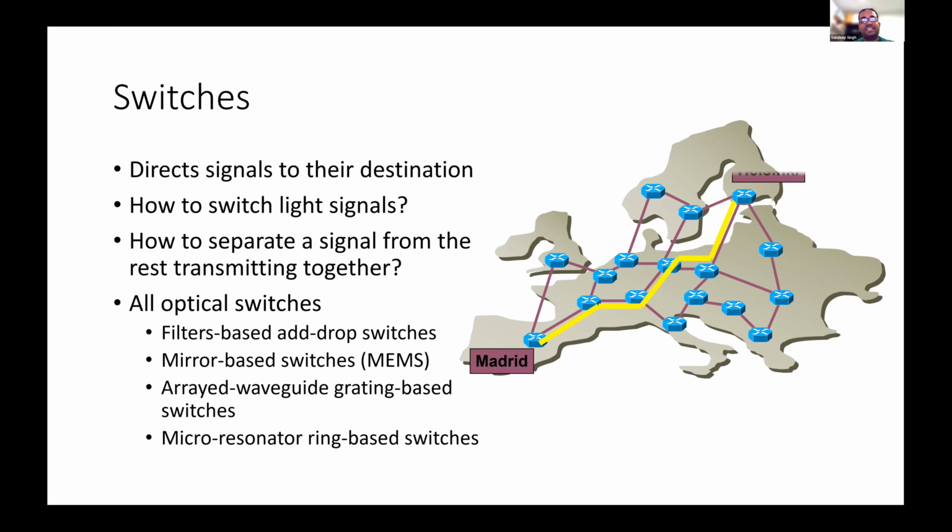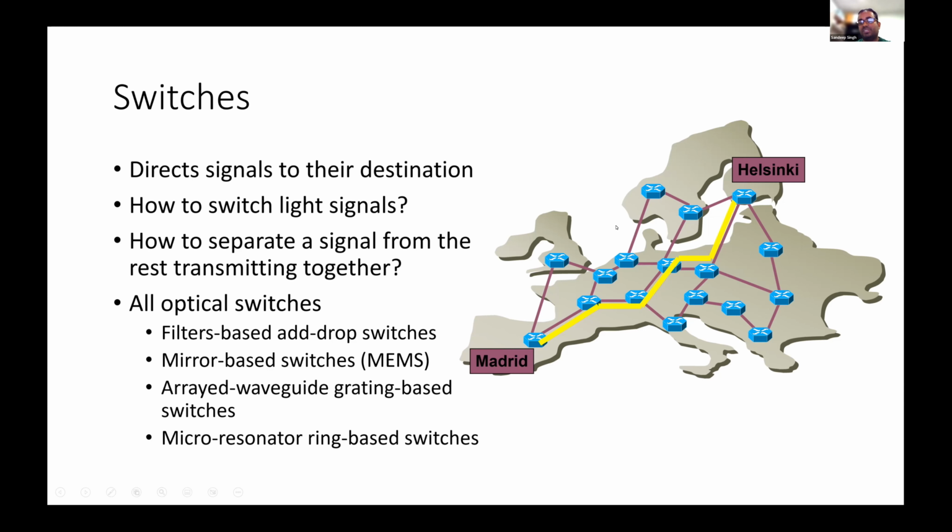The next important thing is the switch. Switches are used to direct the signals to their destination. In this example that you see here, let's say we are interested in sending our messages from Madrid to Helsinki. The messages and the corresponding optical signal have to travel through multiple of these nodes.